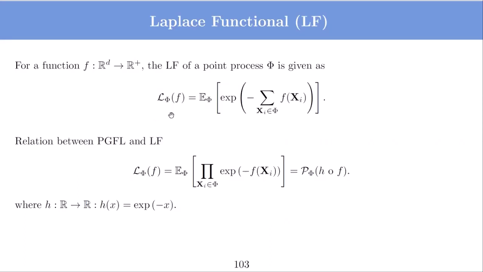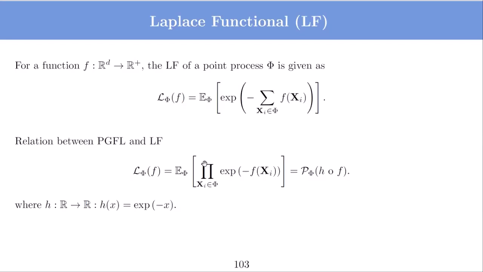And you can notice that it has a very similar form to the PGFL, and in fact they are interchangeable. From the PGFL you can compute the Laplace functional, and from the Laplace functional you can also get the PGFL. So how can we see that? You can see that this is the exponential of minus a summation. So I can take this summation outside the exponential to get a form of product.